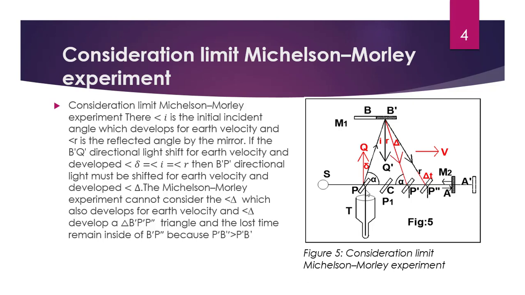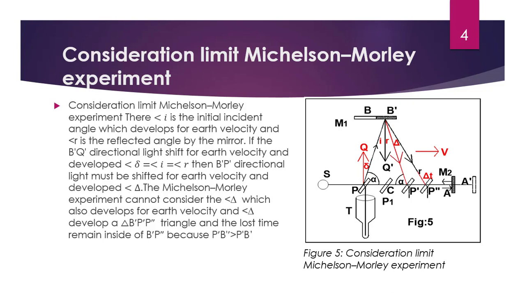The PQ dash directional light goes to the P dash for the arc velocity and develops the reflected angle. And if the B dash P dash direction light came to the PA position, then we must consider the arc velocity.